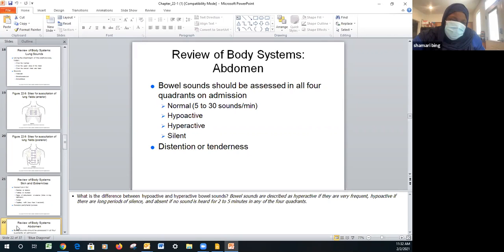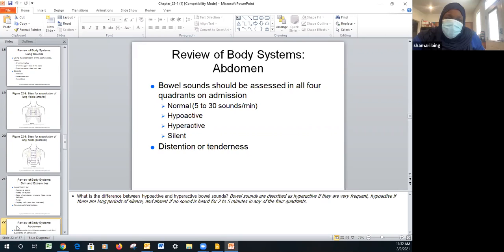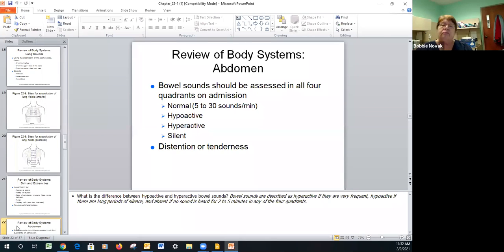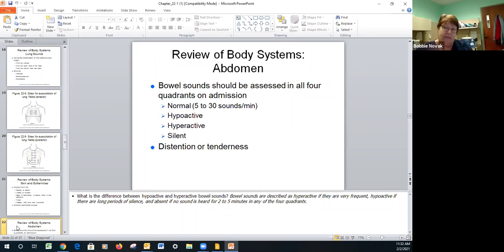What's it called when you can't poop? Constipation, yes. So low, slow bowel sounds usually lead to constipation. Conversely, hyperactive bowel sounds are going to lead to what? Diarrhea, yes. So you have to be listening for both of those.